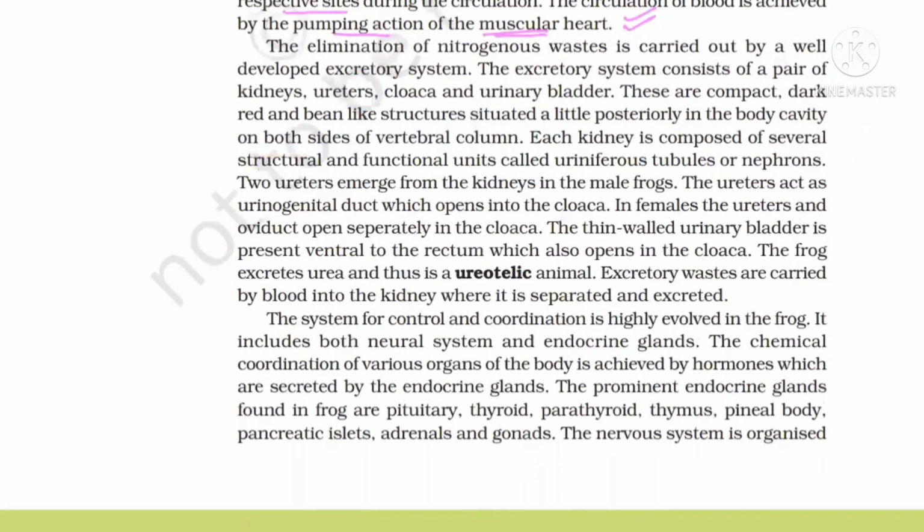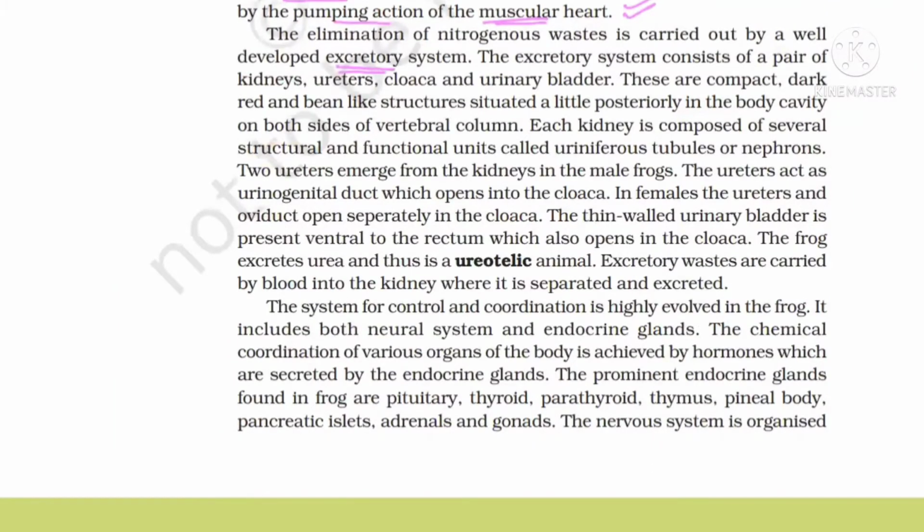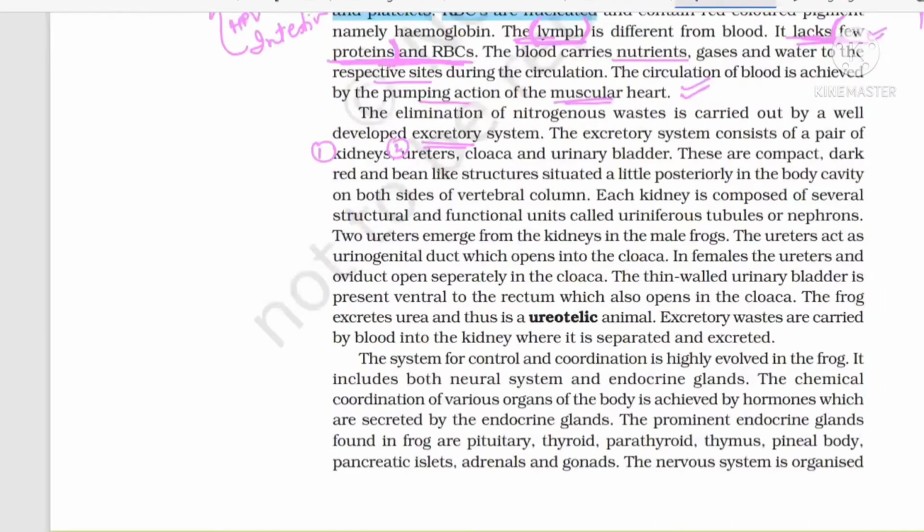Now see excretion. For the excretory system, if you see the kidney, from the kidney the tube arises, that is, you know very well, the ureter, then cloaca, and urinary bladder. The kidney is composed of the structural and functional unit known as the uriniferous tubule, also known as the nephron.